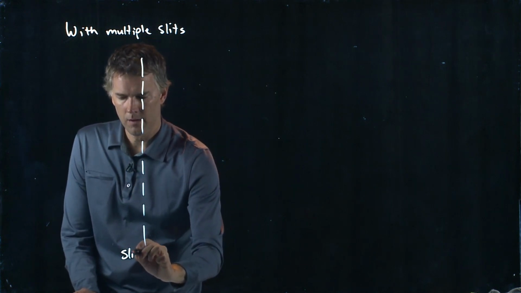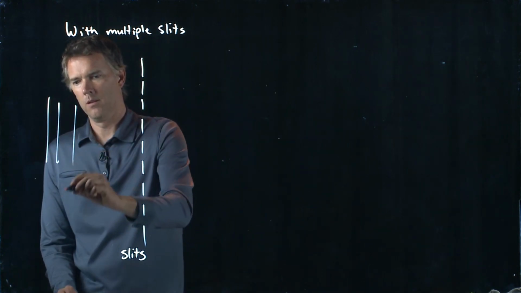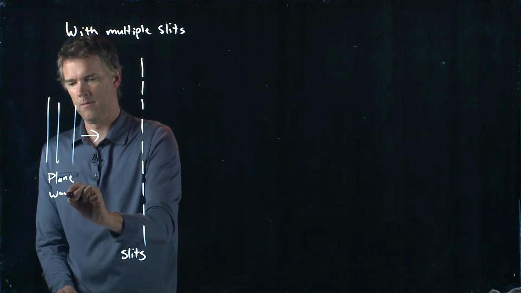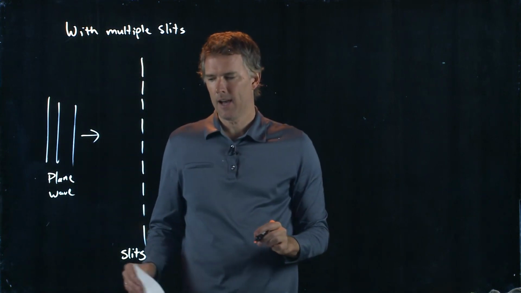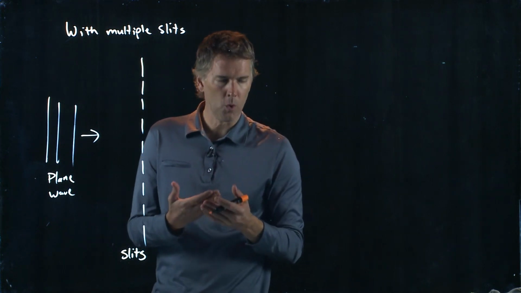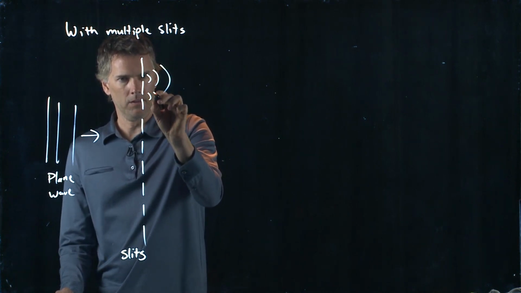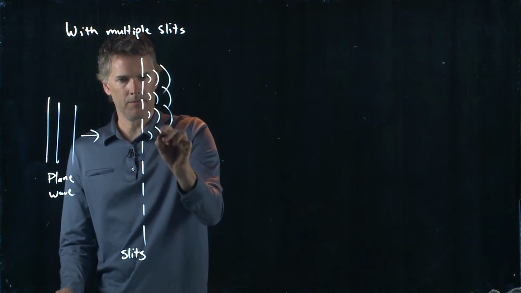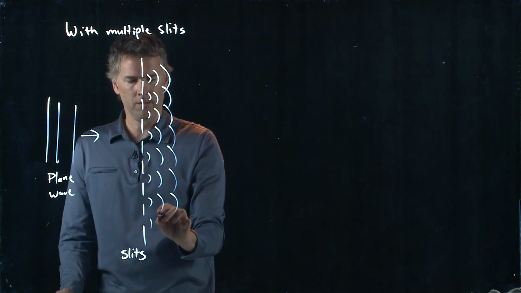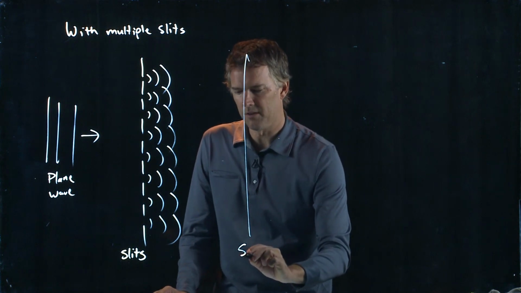So this is many different slits, and we're going to come in with a plane wave. So, how do we analyze what's going to happen? Well, if we go back to Huygens' wavelet idea, what this means is that each one of these is going to emit spherical wavelets. And all those spherical wavelets are propagating outward, and they're going to go to a distant screen.